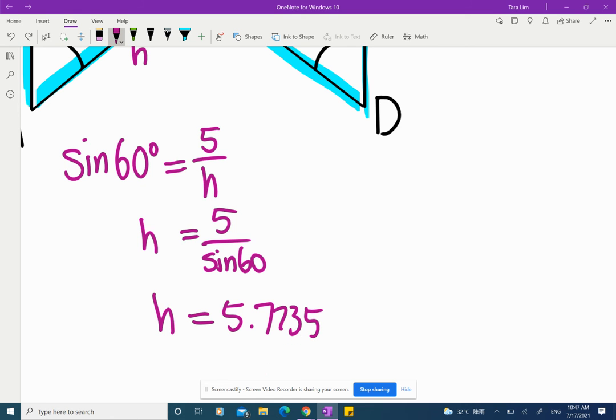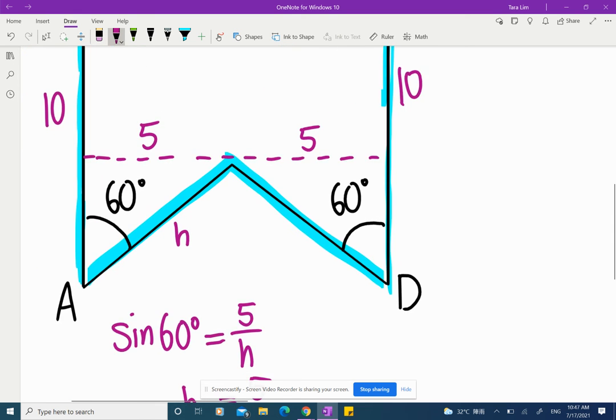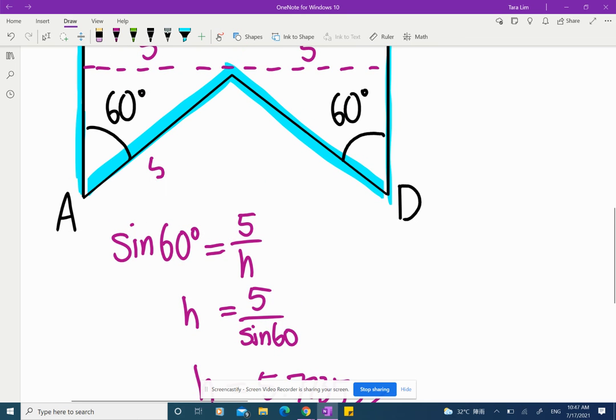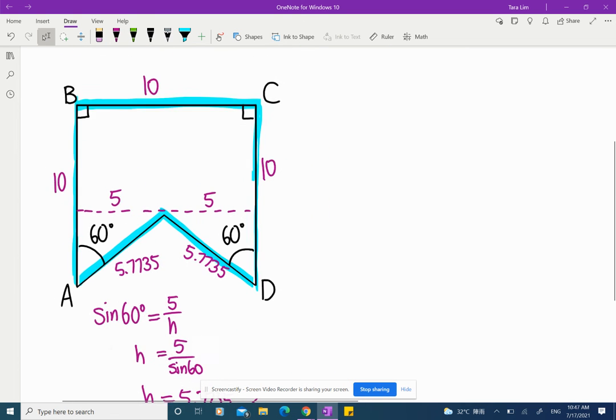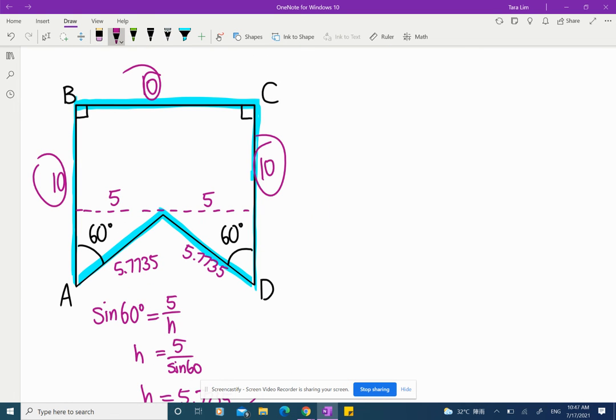This is the length. So the length h is 5.7735. And we know that the triangles, the lengths and the angles are all the same, so this length here is also 5.7735. So now we can add them all up and it will give us the perimeter.